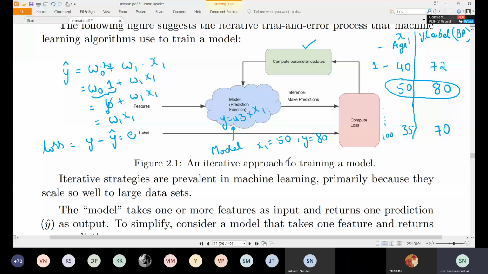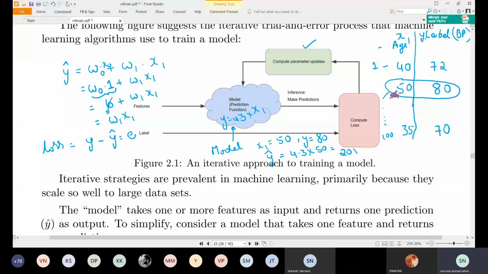And what is your predicted value, y cap? Predicted value is 4.3 multiplied by age 50. So what is his predicted value? Around 201. Okay. So what is the loss in this case for this example?